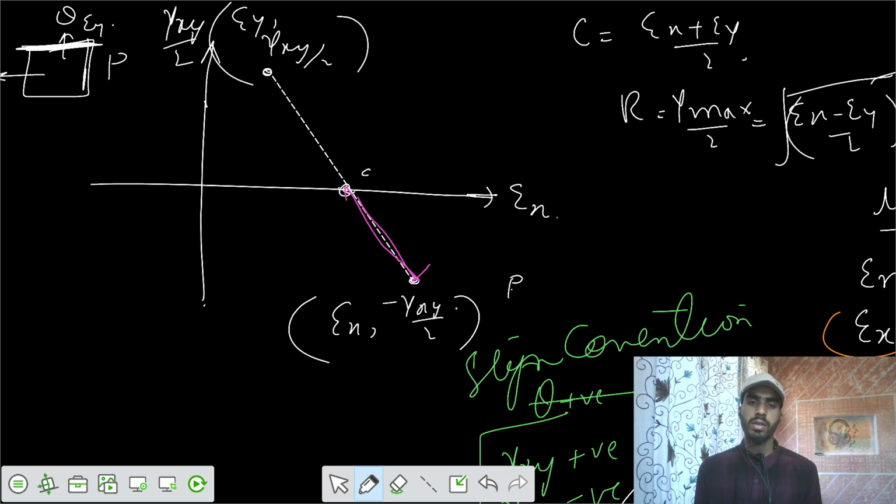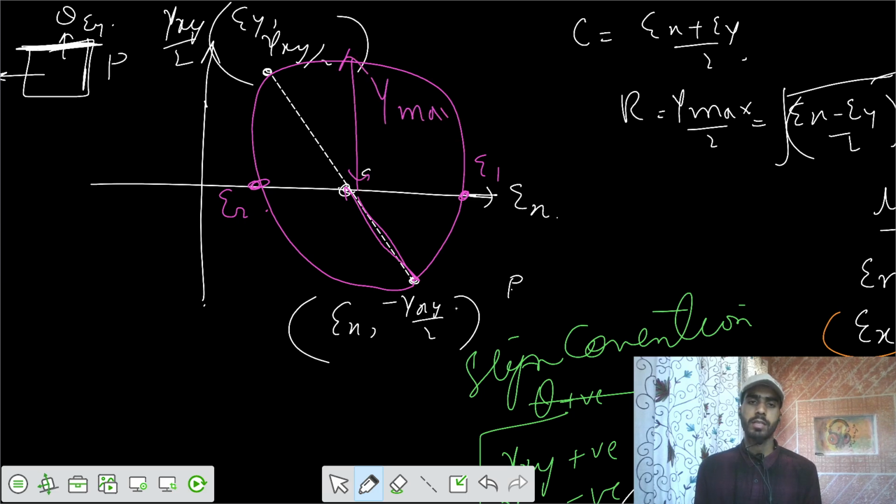So I would draw a circle. I would say this one is strain 1, and this one is strain 2, and this one is gamma max by 2 in plane. So this is gamma max by 2.